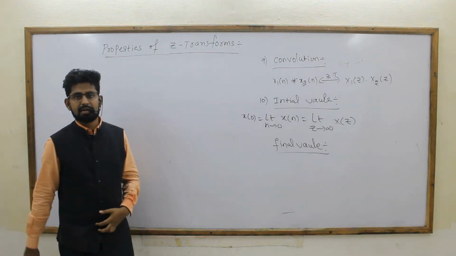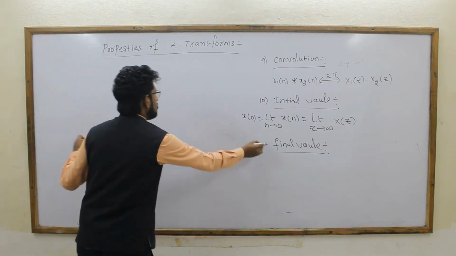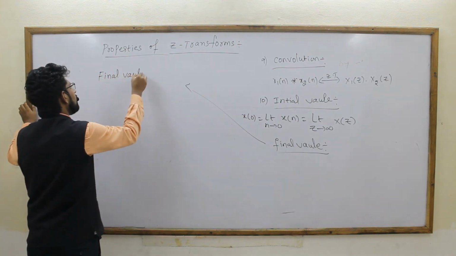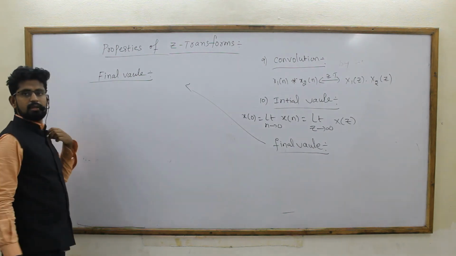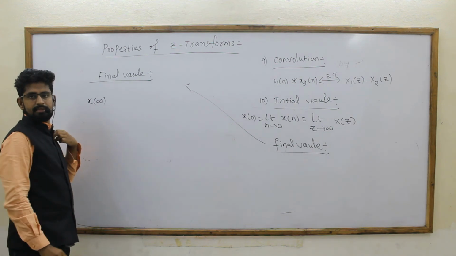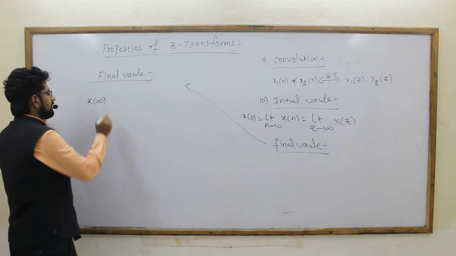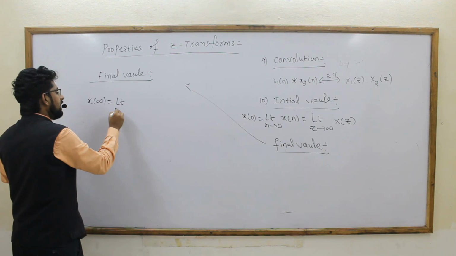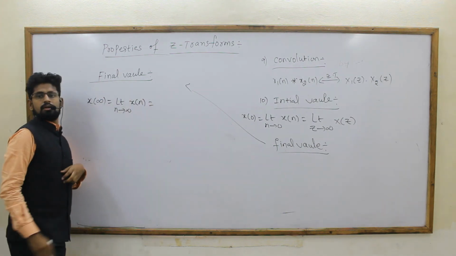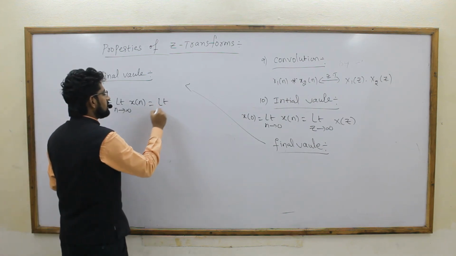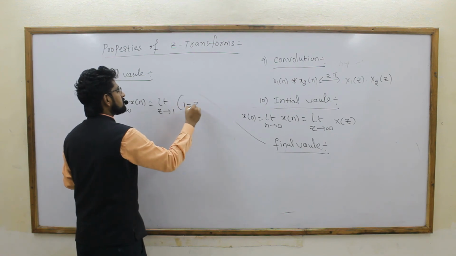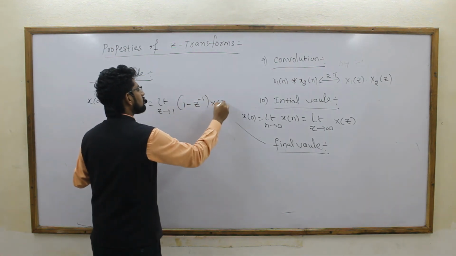Coming to the next theorem, we have the final value theorem. So the final value is nothing but x of infinity. x of infinity can be written as limit n tends to infinity of x of n, which is equal to limit z tends to 1 of (1 minus z inverse) into X of z.